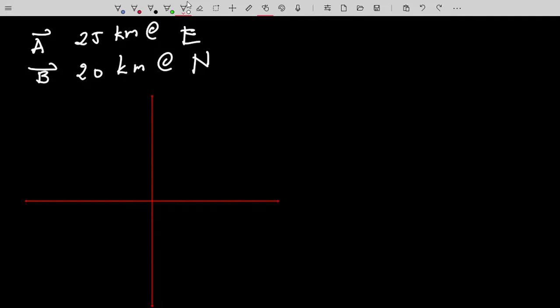Your vector A is going east with a value of 25 kilometers, and your vector B is going north with a value of 20 kilometers.